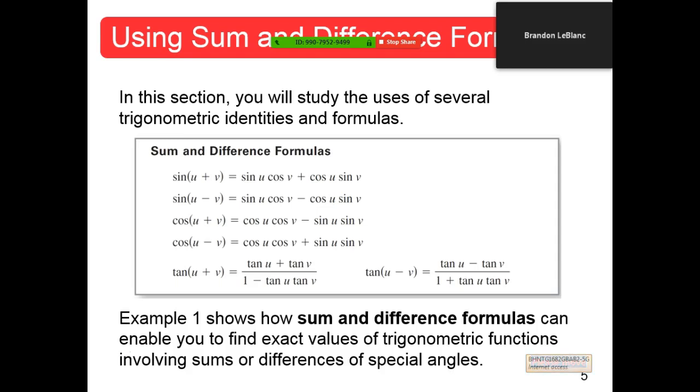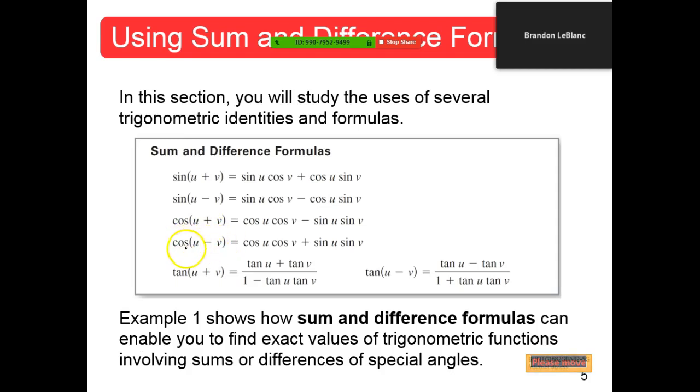So let's do the sum for cosine. Cosine u plus v is cosine u cosine v, but with cosine things are different. It's the minus sine u sine v. Okay? That you just have to remember. Cosine u cosine v minus sine u sine v. That's the sum. For the difference, we do the same thing as before.